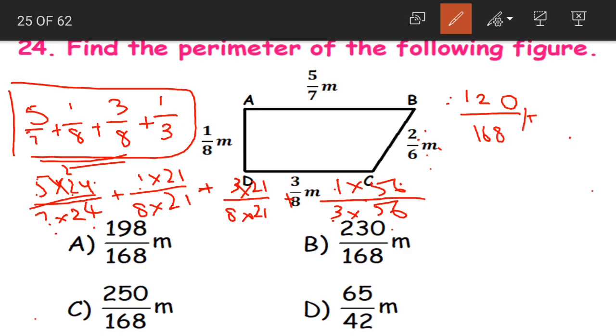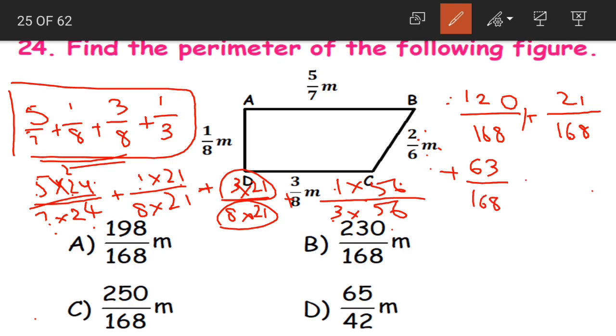That is our LCM. 1 into 21, 21 divided by again 168. No need to worry about multiplying the denominator, children. It will be 168 for all the given 4 fractions. 3 into 21 is 63 divided by 168, plus 1 into 56, 56 divided by 168.